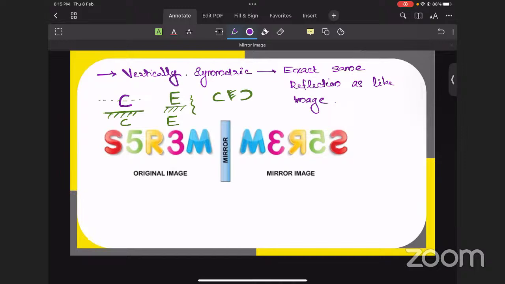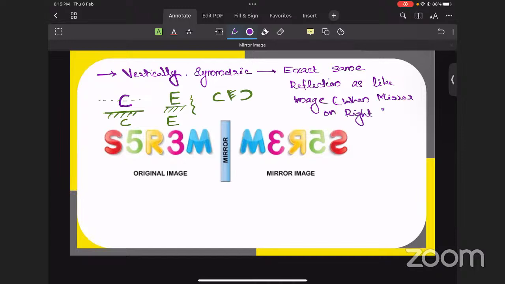letters will be giving the exact same reflection as the image when the mirror is on the right side.